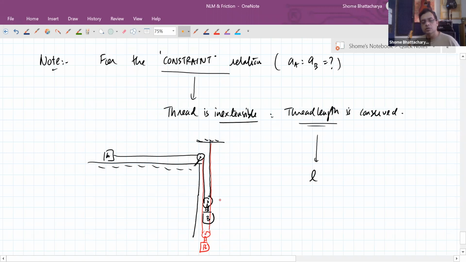You can see that this system has got pulled down by delta Y. During that time, it will pull block A by some delta X.